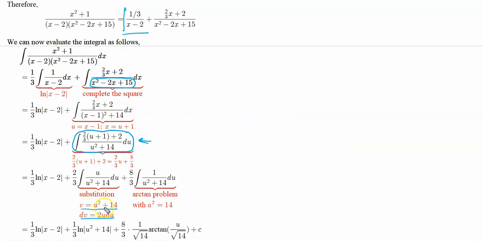You notice if we do this substitution down here with the dv equaling 2u du, what this is going to become is 2/3 integral u du is going to become dv over 2. And then the u squared plus 14, that's just going to be our v.